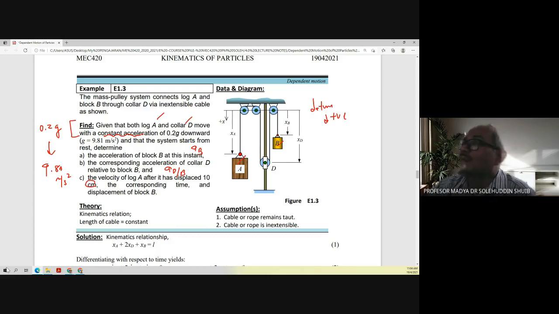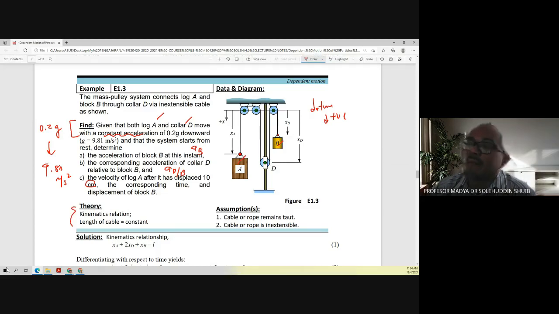In this type of problem, you need to write a kinematic relation, which is the length of the cable, all together. That's why you can write it as the following. So we cut it, cut two.